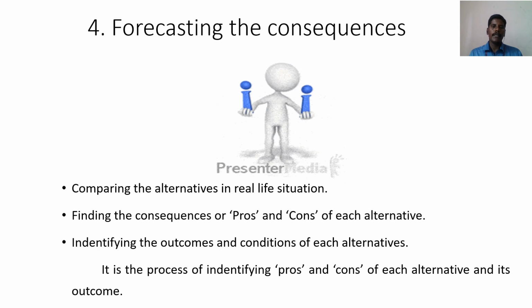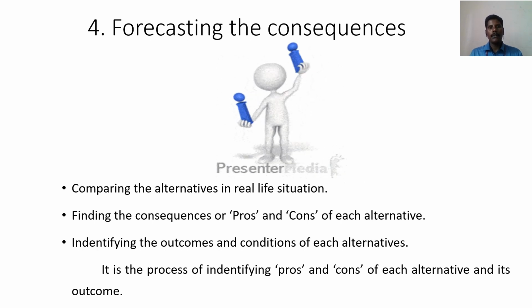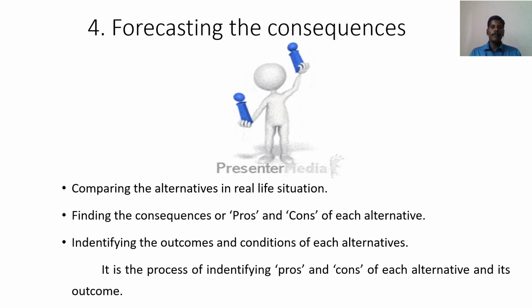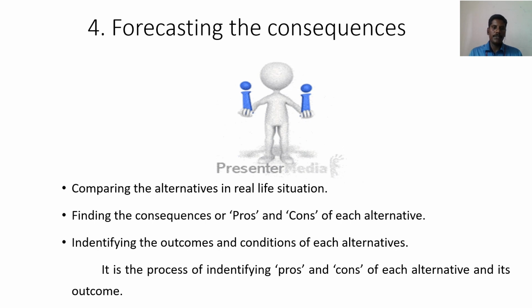Whenever we take a decision, it should not affect any dependents or any persons associated with that problem. We need to consider every aspect, and nobody should be disturbed by our decision making. So we evaluate all the alternatives, identify the positives and negatives of each, and through that we can select the best alternative for the solution.